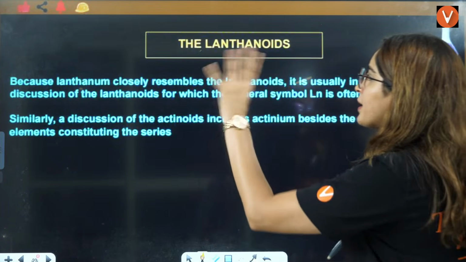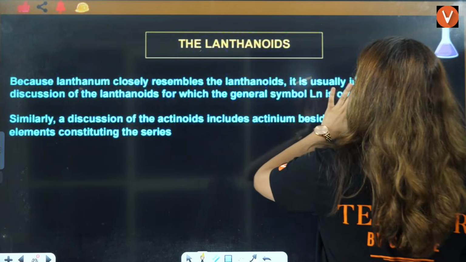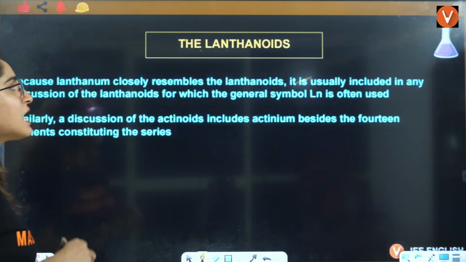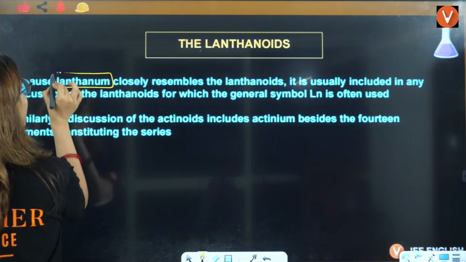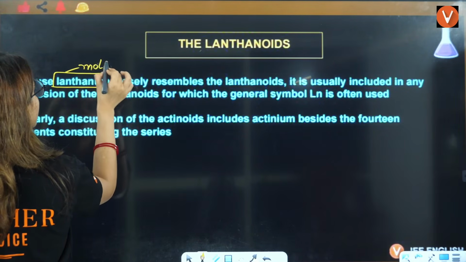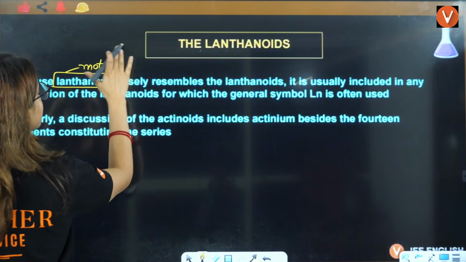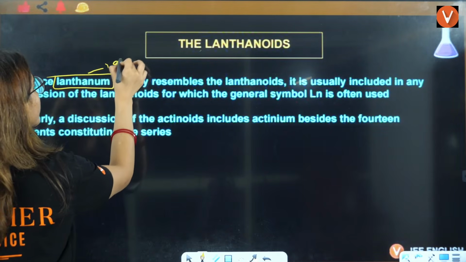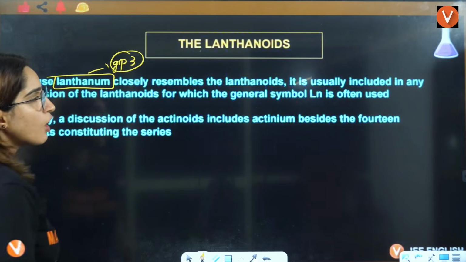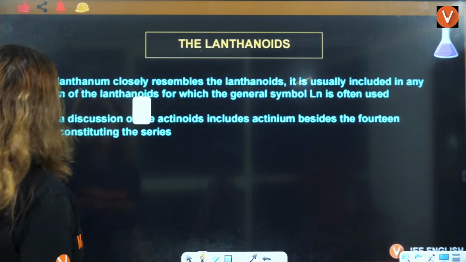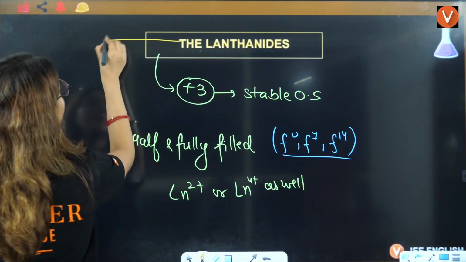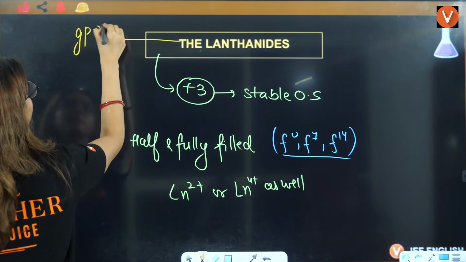Because lanthanum closely resembles lanthanoids, it is usually included in any discussion of lanthanoids. Now, just remember that lanthanum actually belongs to group number 3. All the lanthanoids, this also you should know, they belong to group number 3.